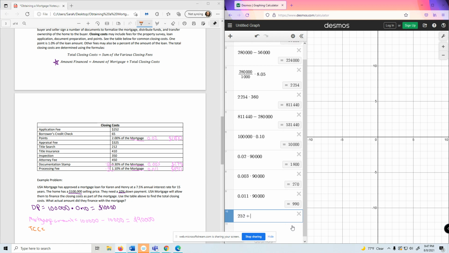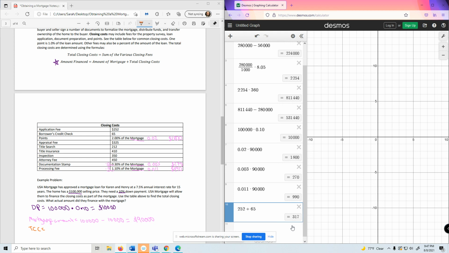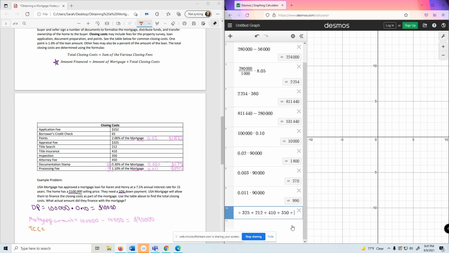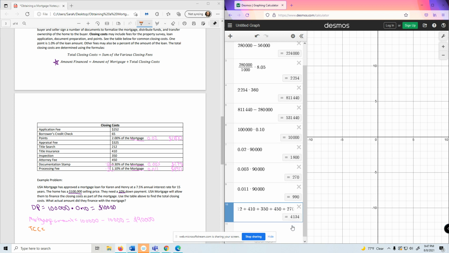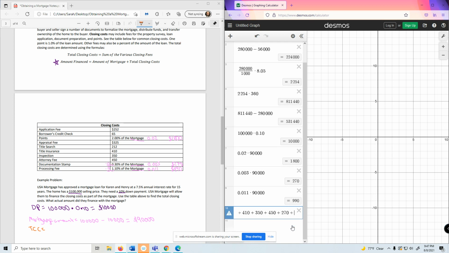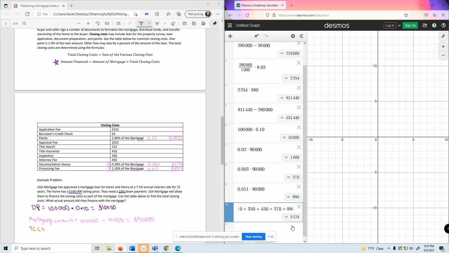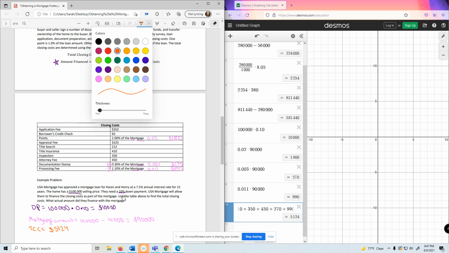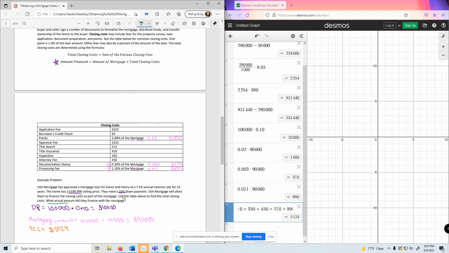Application fee, 252, borrower's credit check, 65, 1,800 for points, 225 appraisal fee, 212 for title search, 410 for title insurance, 350 for inspection, 450 for attorney fee, 270 for documentation stamp, 990 for processing fee. We get that the total closing costs is going to be $5,124.